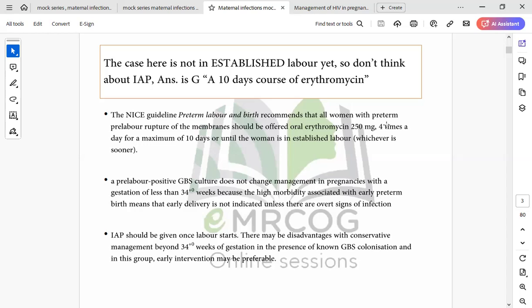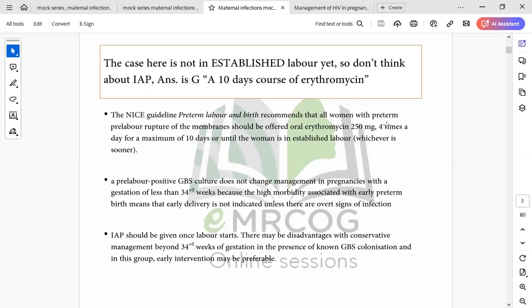My immediate management, my aim now for any case of PPROM: number one, protect her and the baby from vaginal infection, erythromycin. Give her tocolytics if she is having regular contractions.